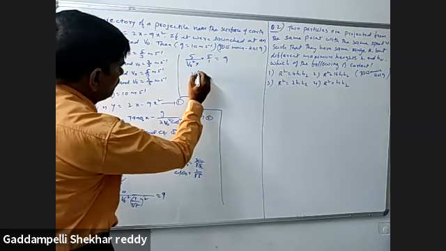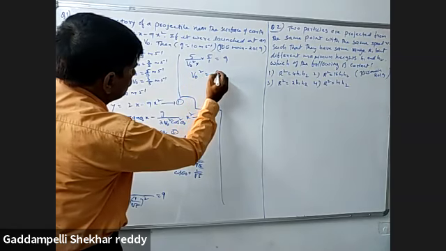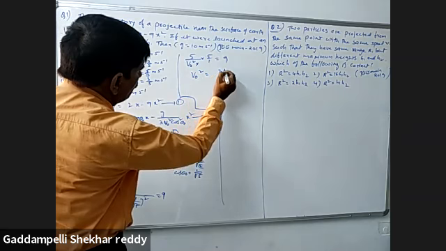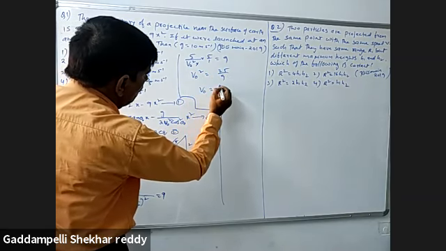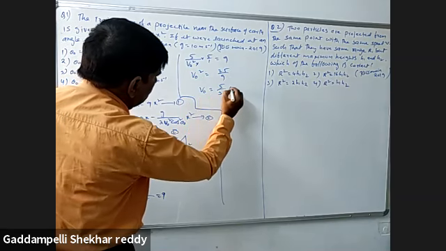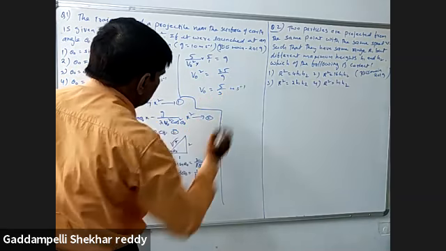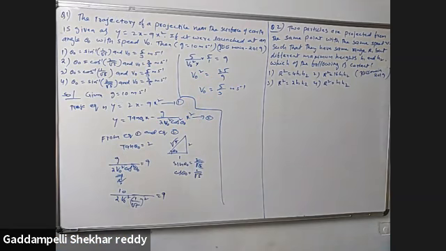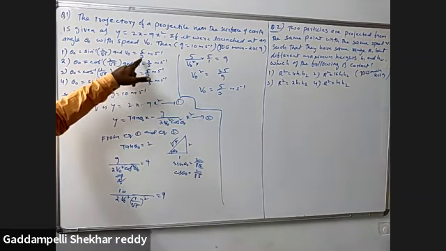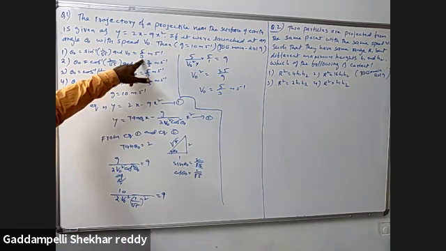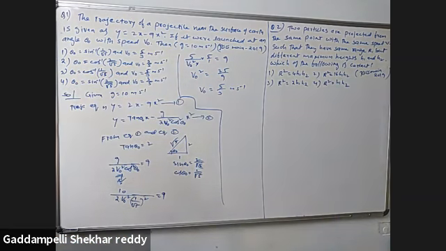So v naught square is equal to 25 by 9, and v naught is equal to 5 by 3 meter per second.